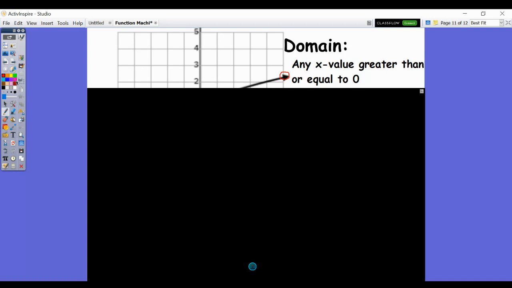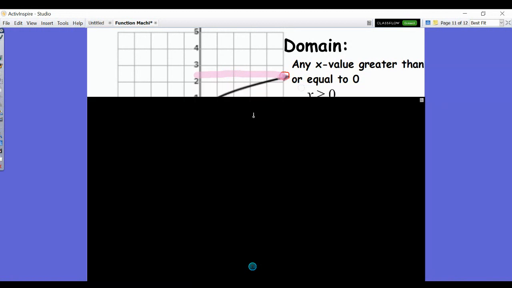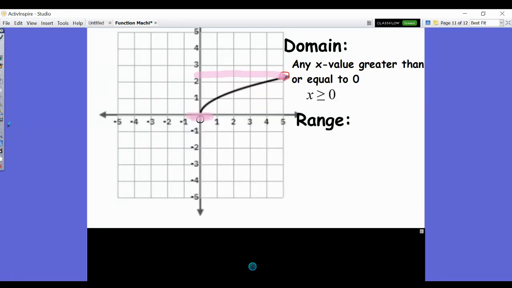I'm still going to give myself a nice little pink highlight because I do technically want to know where it would have been. It would have been somewhere around 2.5, but I like to take my y-axis values and write them off to the side so I don't miss them.